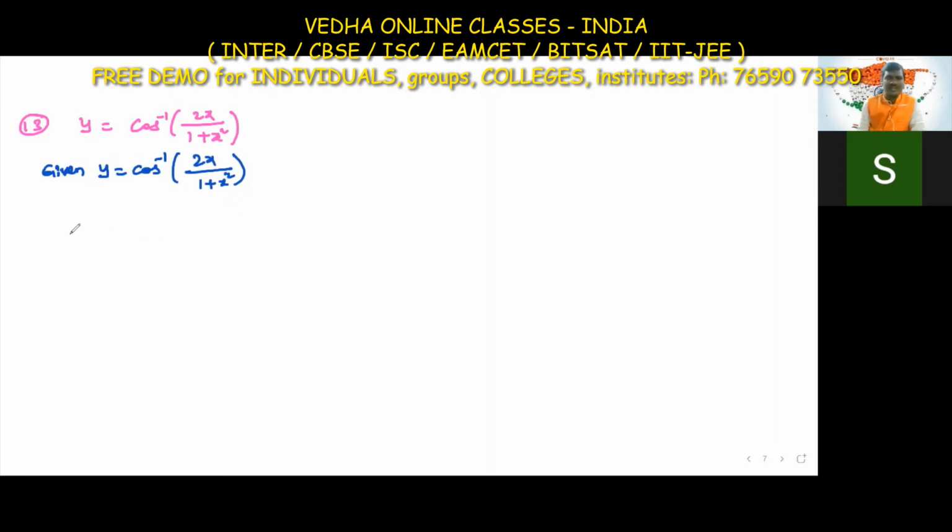Substitution method is very easy. Let me take x is equal to tan theta. Now I am substituting y is equal to cos inverse of 2 into x, that is tan theta, divided by 1 plus x square, that is tan square theta.